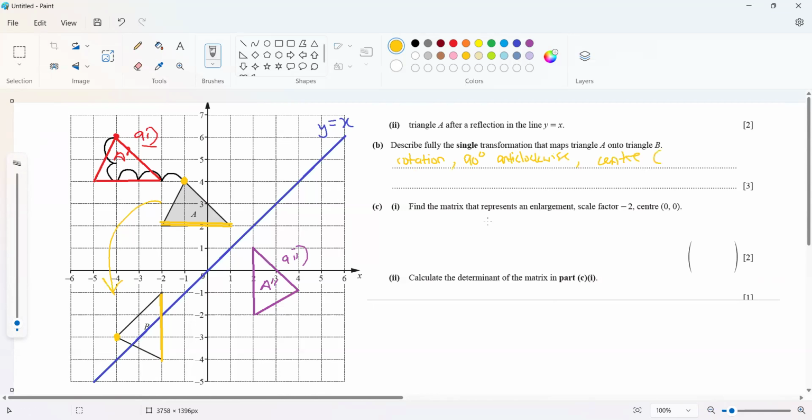As I've mentioned previously, you can eyeball the center. We usually just put one testing point. So let's take a testing point, probably somewhere around, that's a bit far, probably around, that's a bit far as well, maybe around here. Oh no, this one is the wrong orientation. So probably around here.